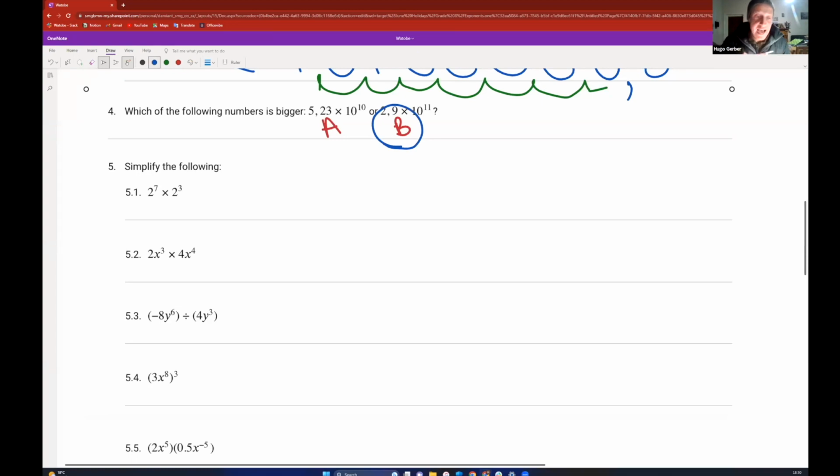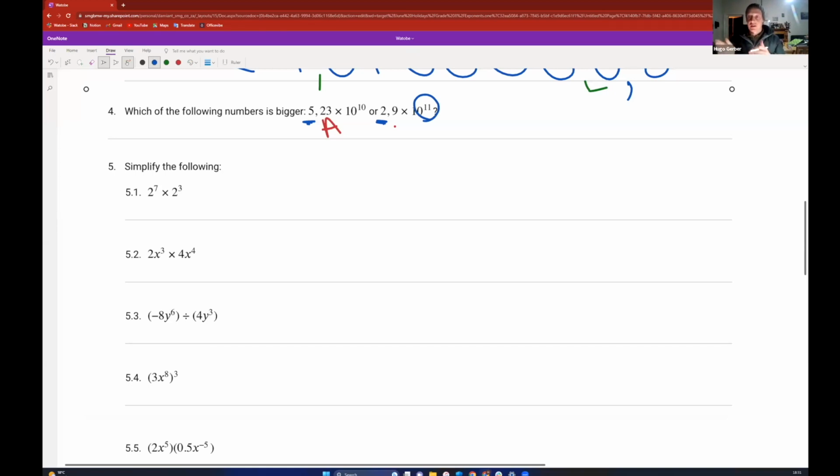If you write this out in scientific notation, let me erase a bit here, you will find that even though that's a 5 and that's a 2, and the 5 is bigger than the 2, yes, we all know that, this is to the power of 11, which means it has another digit.